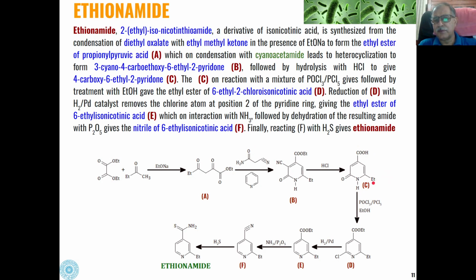2-pyridone derivative on reaction with mixture of POCl3 and PCl5 will convert this amide into this type of chloroisonicotinic acid.